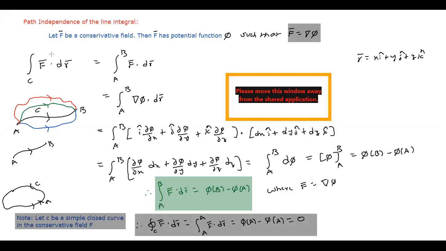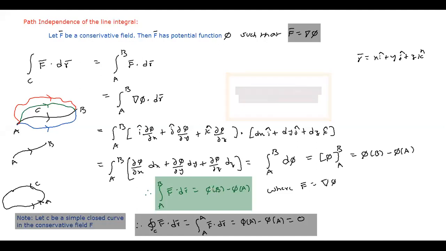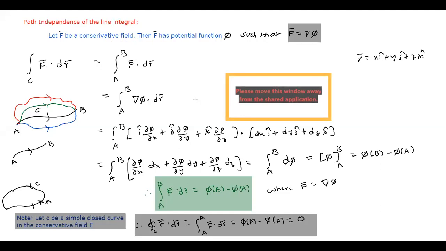If curl F bar is 0 bar, the field is a conservative field. Then you can find the potential function, and using it you can find the value of the integral, which is phi of B minus phi of A, independent of the path joining A and B. Whatever path you take, all the values are going to be the same. Okay, we'll see examples related to path independence.